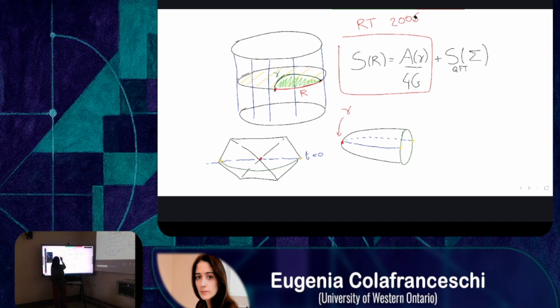No, in this case, sigma is this region here, which is bounded by R and gamma. Okay? And the full formula is called the generalized entropy, for a surface gamma. And this was conjectured by Netta Engelhardt and Aron Wall, and then was proved through this replica computation.